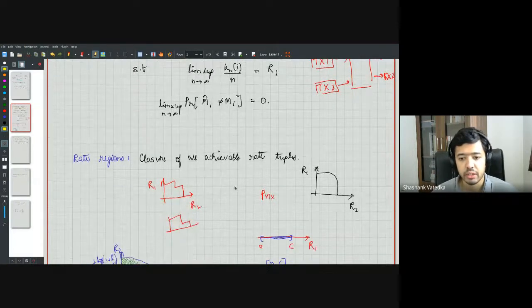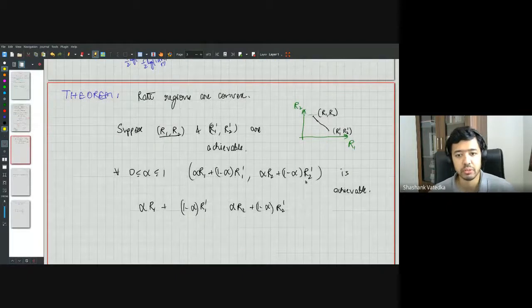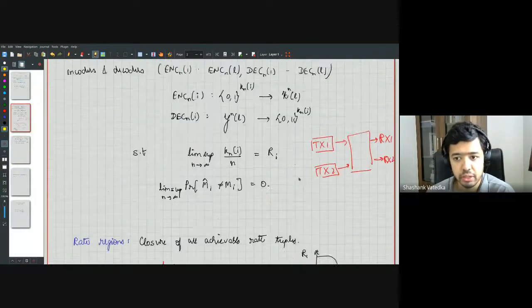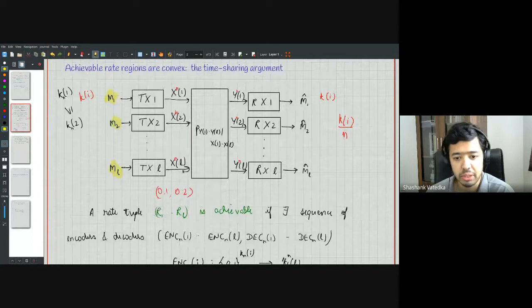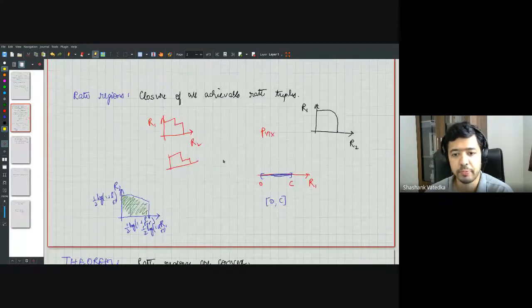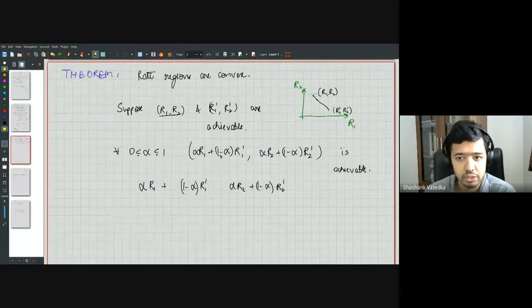Our goal is to understand the properties of these rate regions, and the claim that we made was that rate regions are convex. Any rate region, not just for the problem that I have defined here, but even for a multiple access channel or a broadcast channel, any channel that behaves in a memoryless fashion, always satisfies the property that the rate region is convex.